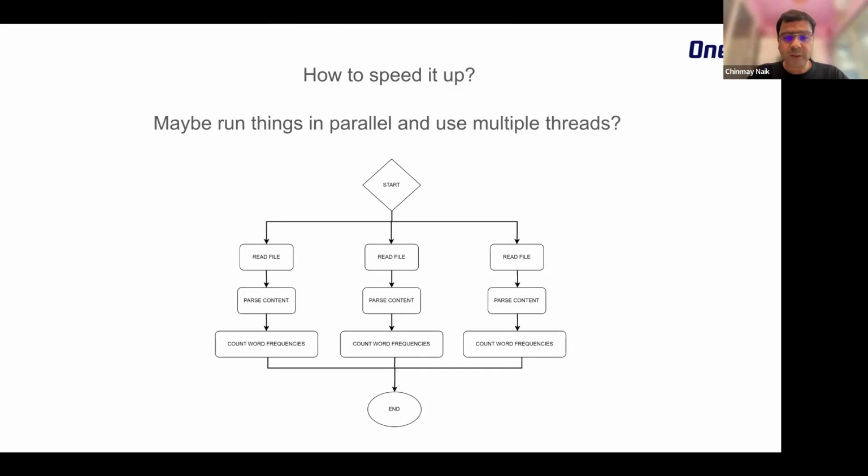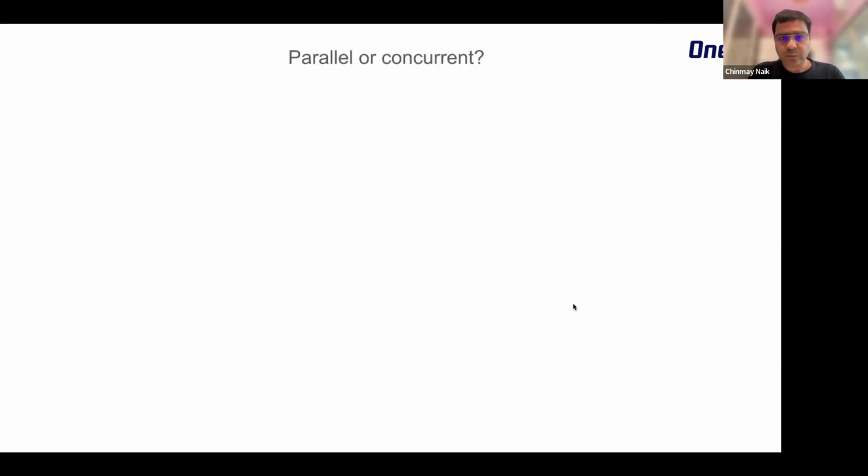So let's say you break the program down into separate high level functions: one is the reading of the file, then parsing that content, and then counting the frequencies. This is somewhat of a logical grouping that you create, and then you run this in multiple threads or whatever. Now these are the types of workloads that you are going to run.